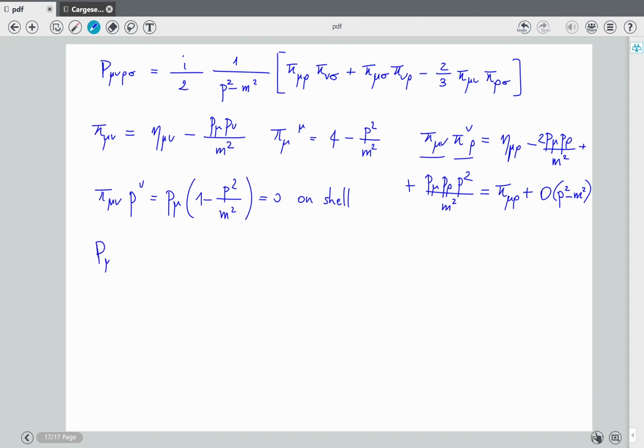Therefore, first check the propagator pi mu nu rho sigma: it has no pole. That means that if we have there a contraction, let's begin with this, which is easier. This is easier because every time we contract pi nu sigma with p sigma, pi mu sigma with p sigma, pi rho sigma with p sigma, we find something that is 0 on shell.